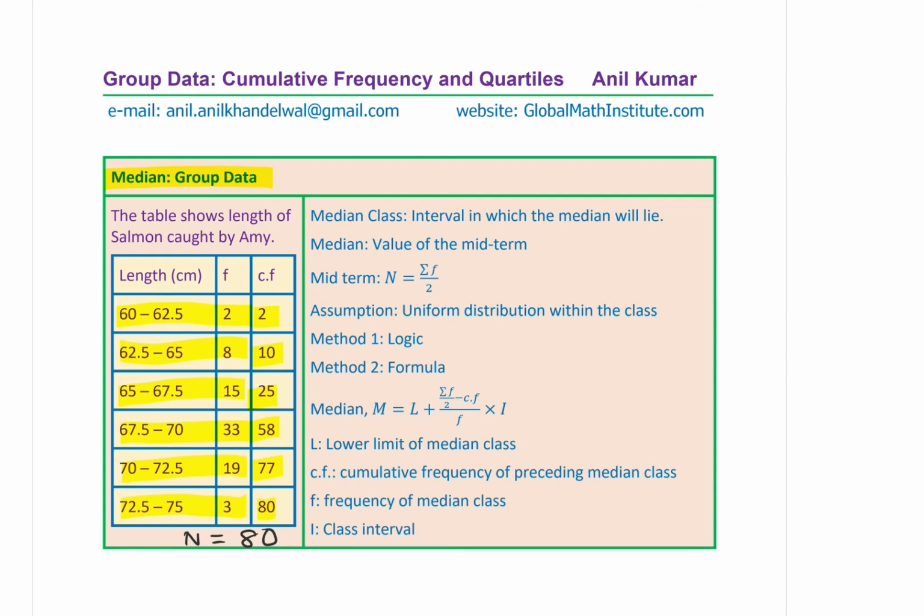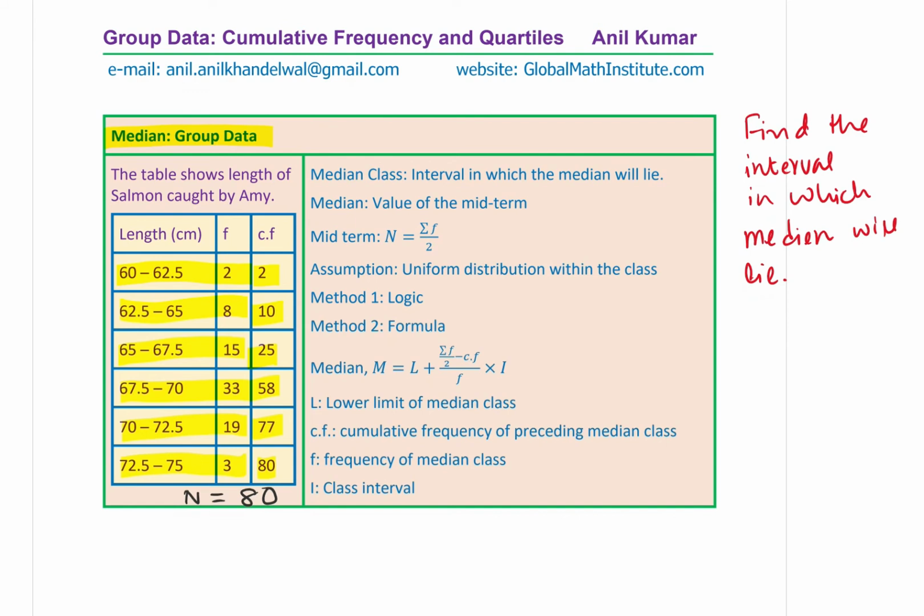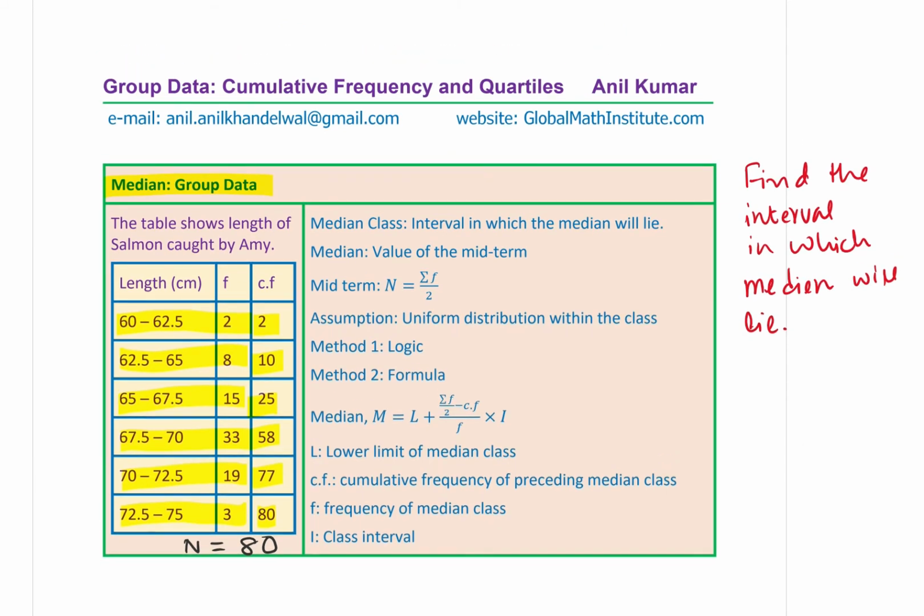So what we need to do is find the class, or the interval, in which the median will lie. So that is called the median class. This interval in which the median lies is called the median class.